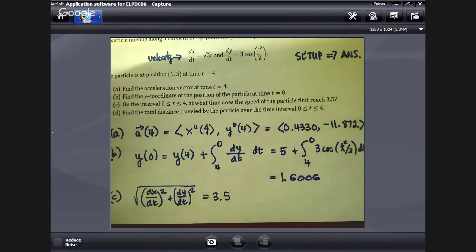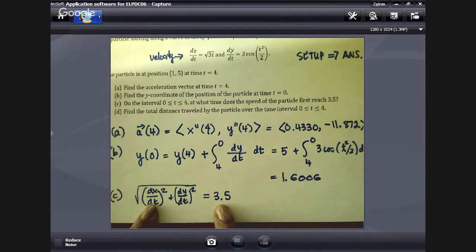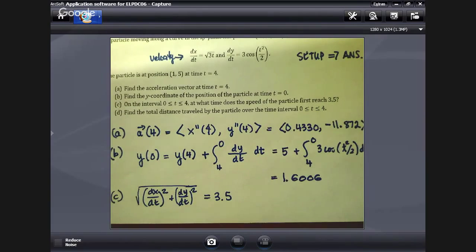So from this point, I would go straight to my calculator, right? The way I would solve this is I'd be in function mode, not parametric mode. I'd put in the speed expression into, okay, my y1 and y2 are occupied right now, so y3, and 3.5 into y4, and see where these two lines intersect for the first time.